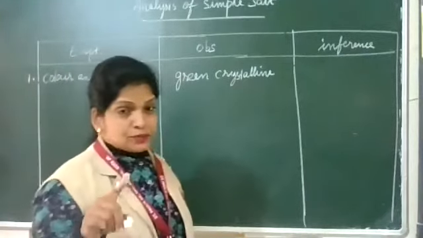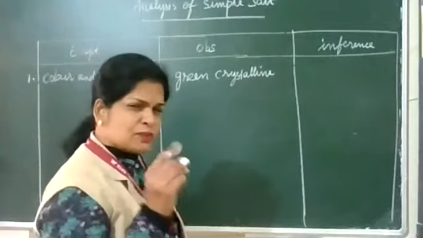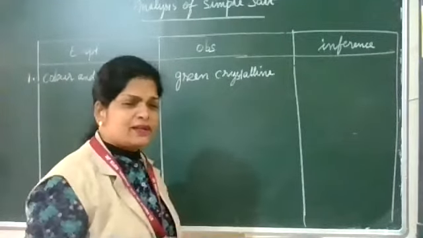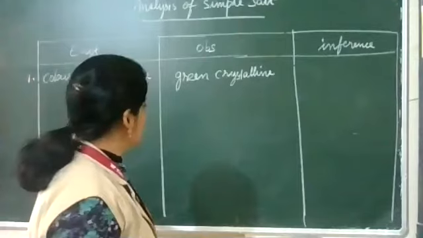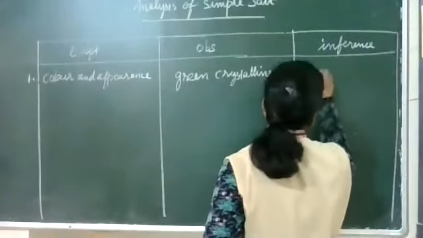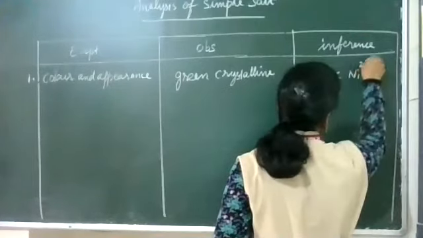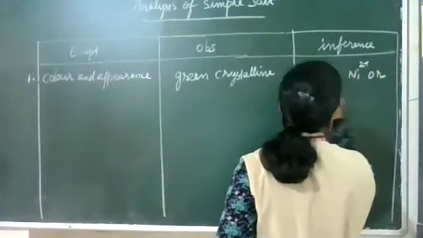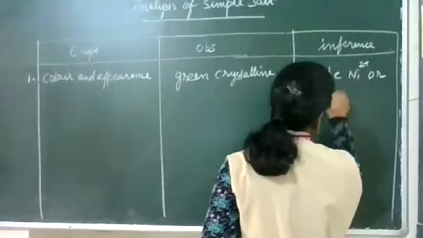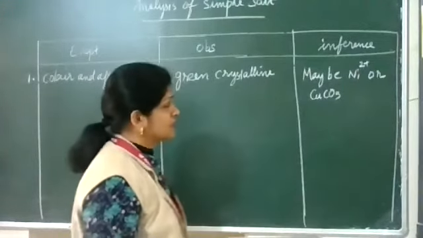Copper sulfate is blue in color, but copper carbonate is green. It is powdery green, dull type. Green crystalline, so maybe Ni2+ or CuCO3. So it's only a doubt at first.